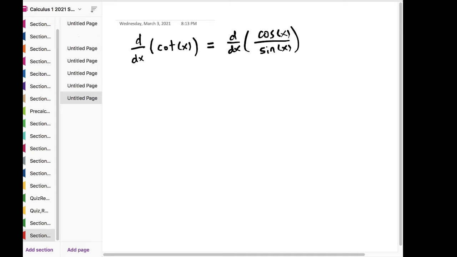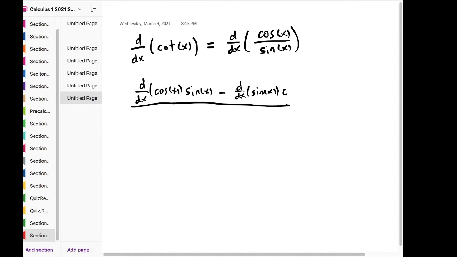Okay, so let's do the same thing for cotangent. So it's just the flip. So again, you do derivative of numerator times denominator, minus the derivative of the denominator times the numerator, divided by the denominator squared.